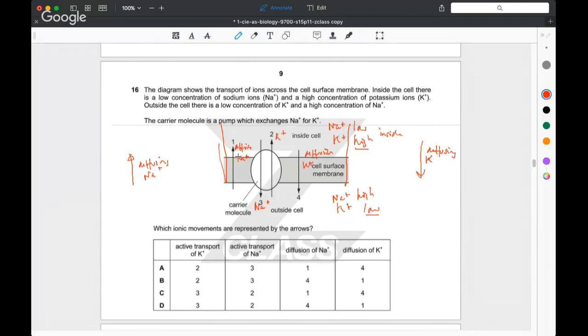So 1 is diffusion of sodium ions, 2 is active transport of potassium ions, 3 is active transport of sodium ions, 4 is diffusion of potassium ions. And if we look there, active transport of potassium is number 2, yes. Active transport of sodium is number 3, yes. Diffusion of sodium is 1, yes. Diffusion of potassium is 4, yes.